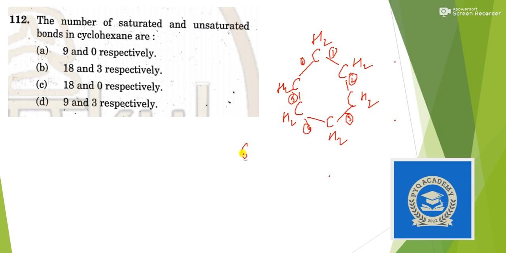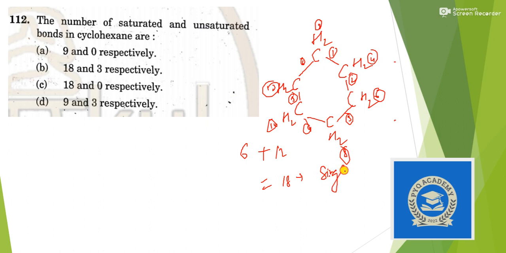Okay, 6 carbon to carbon single bonds plus 2, 4, 6, 8, 10 and 12 carbon to hydrogen bonds. So yes, there are 18 single bonds.